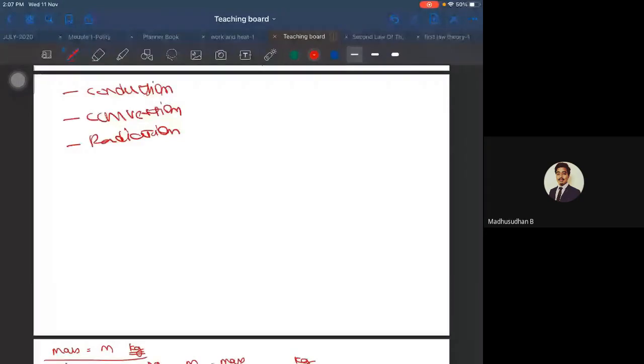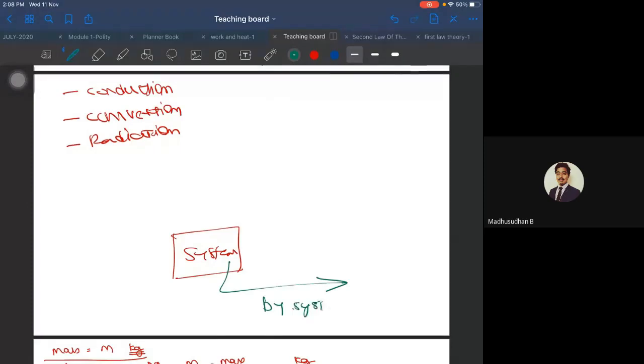Before that, if there is a system, I want everyone to answer this. If work is done by the system, I'm talking about the work, not the heat, is it positive or negative?